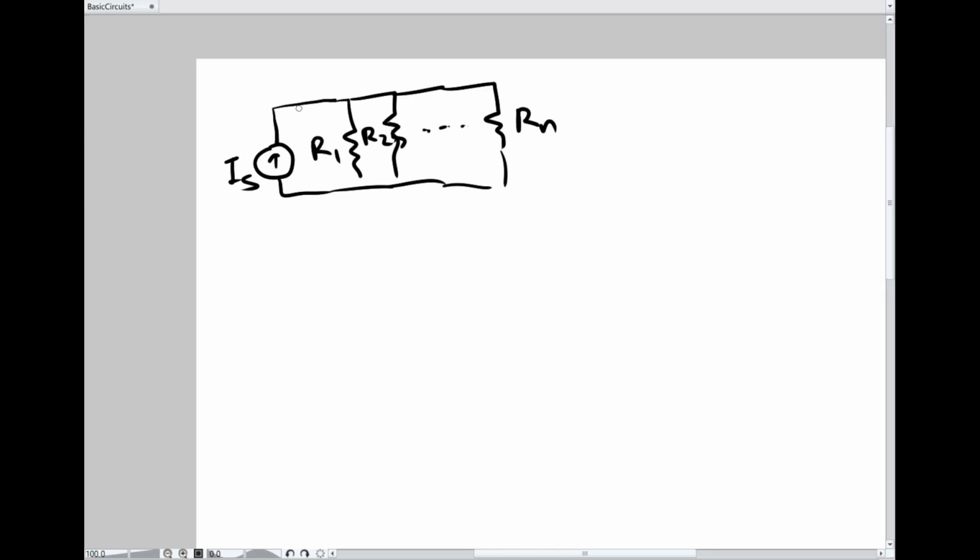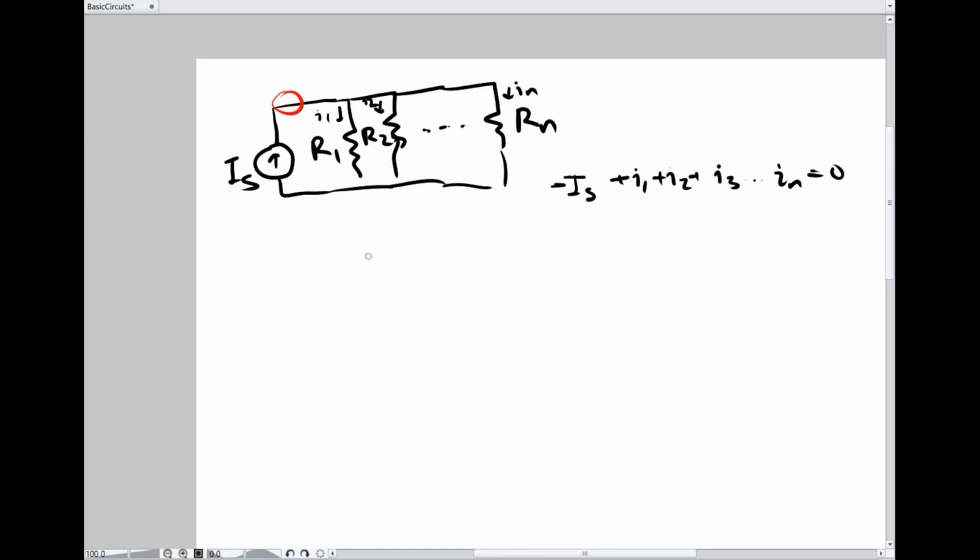We now know that if we were to call this I1, call this I2, call this IN, then by Kirchhoff's current law, if we were to sum all the currents coming out of this node and set that equal to 0, we would say that IS minus IS plus I1 plus I2 plus I3 dot dot dot IN equals 0.